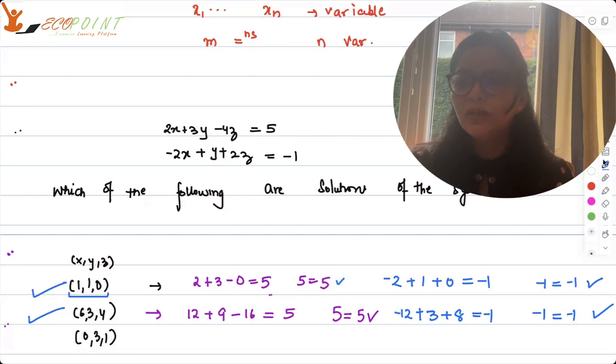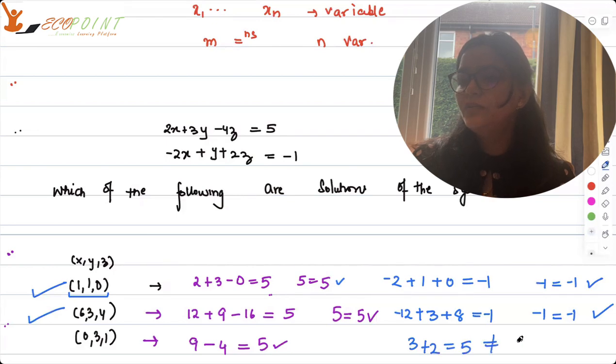Is (0, 3, 1) a solution? Again, on the same lines, check the first equation. It's going to be 9 minus 4, which is equal to 5. Yes. So is it satisfying the second equation as well? Let's see. You get 3 plus 2, which is equal to 5. It's not equal to minus 1.